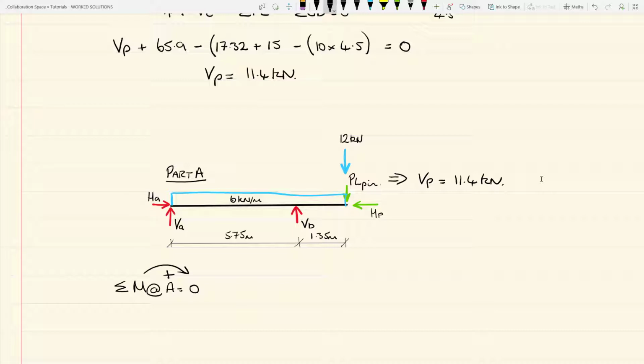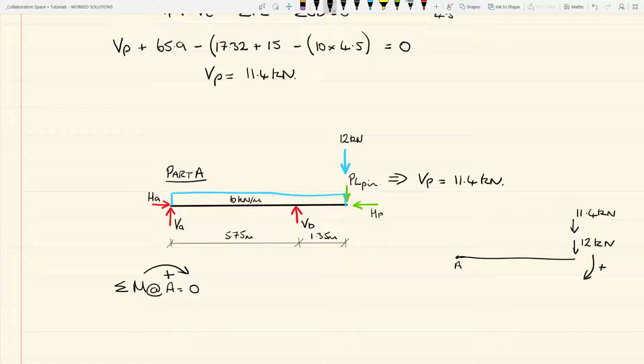So for the point load and the point load at the pin, we have A here, so that's the support at A. We have your beam, we have the point load, and we also have the load from the pin. So the point load from the pin is 11.4 kilonewtons, and the original point load to the beam was 12 kilonewtons. These are both acting the same way. They are acting clockwise about the pin, so they are both taken as being positive.